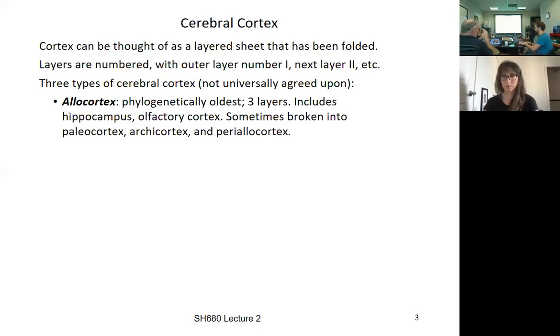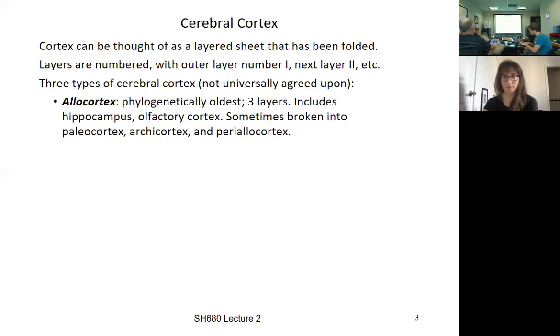The main allocortical things are the hippocampus, which is very involved in memory formation and also in spatial navigation, and the olfactory cortex, which of course is involved in smelling. And those types of cortex are in many, many animals way down the phylogenetic stream. Allocortex has 3 layers instead of 6, and it's more rudimentary in its function, presumably, for that reason.